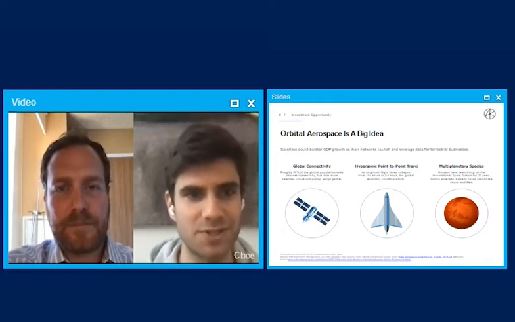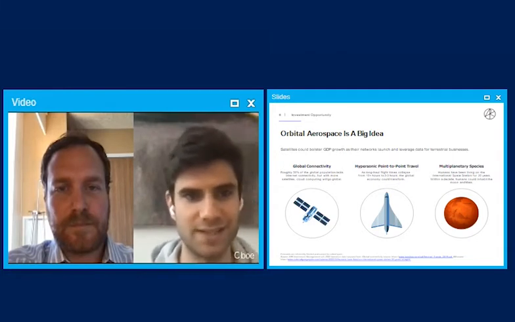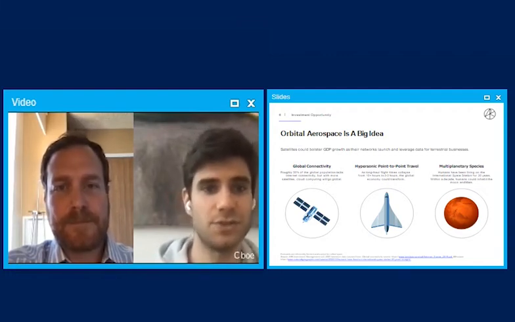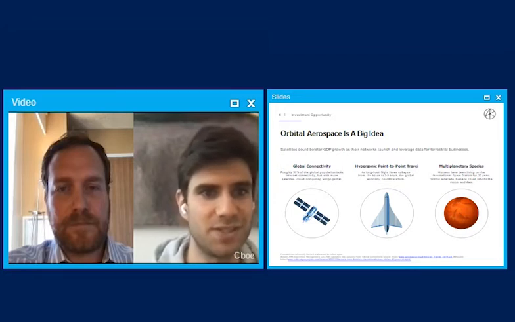But just the opportunity and the dramatic change that could occur if we could travel across the world in 2 to 3 hours instead of 14 hours. And so we think this is a huge opportunity, not just from a travel perspective necessarily, but from the way the world works. This could fundamentally shift that.